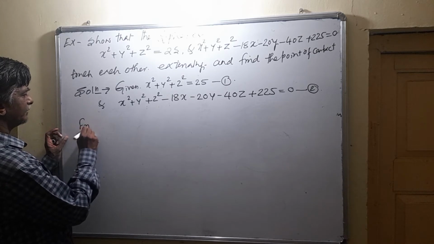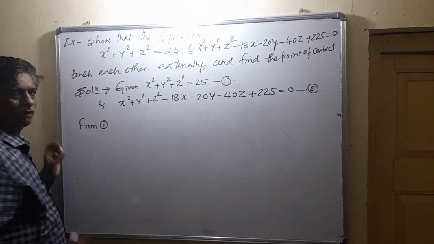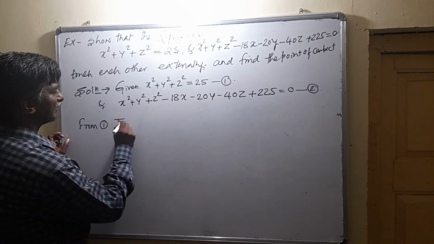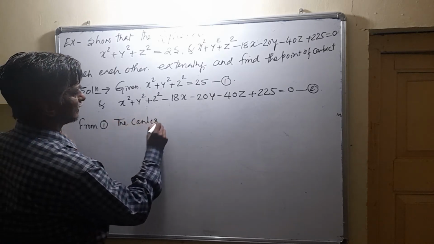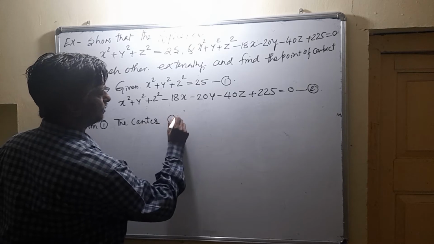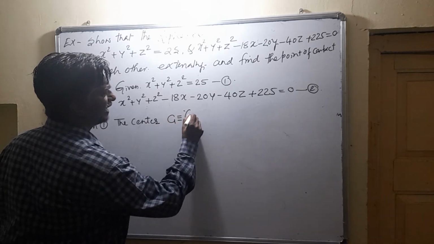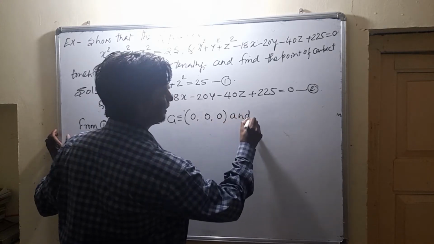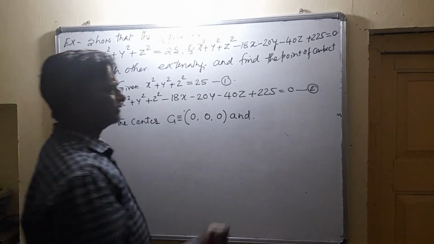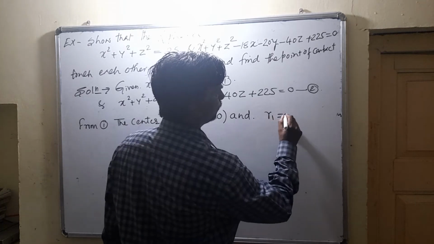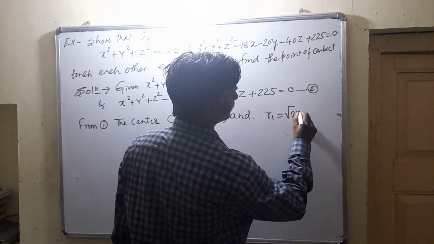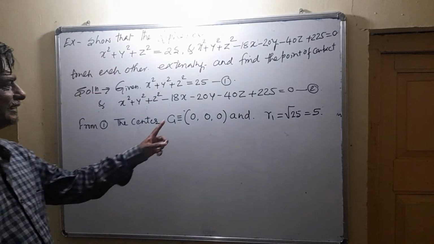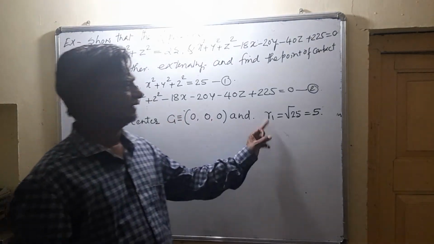From 1, the center C1 equal to 0, 0, 0, and R1 equal to square root of 25, which is 5. You get C1 coordinates and R1 directly.